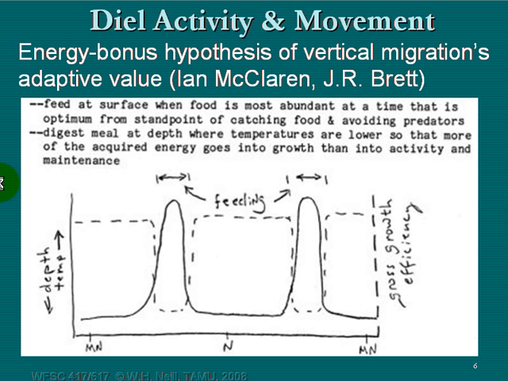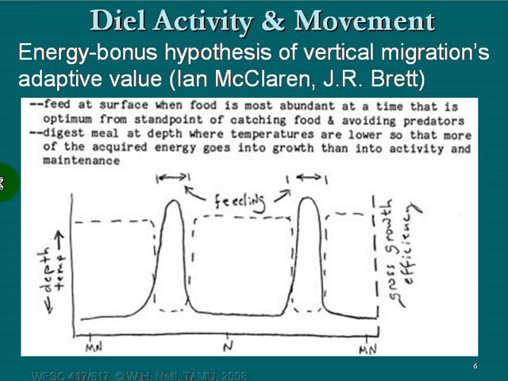And what he argued was that these things move up toward the surface and feed in the surface layers of the lake, and then go down during the daytime and do their food processing at depth where it's cooler.